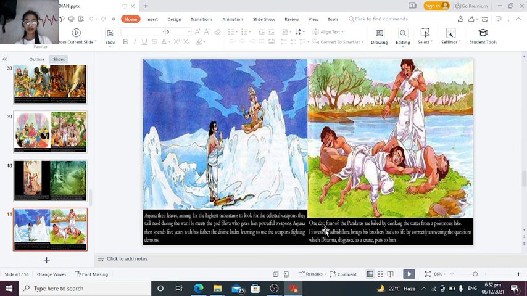However, one day, the four Pandavas are killed drinking water from a poisonous lake. However, Yudhishthira brings his brothers back to life by correctly answering the questions which Dharma, disguised as a crane, puts to him.